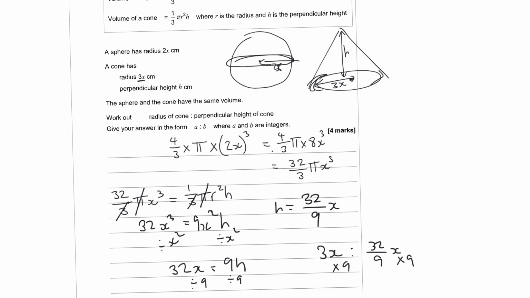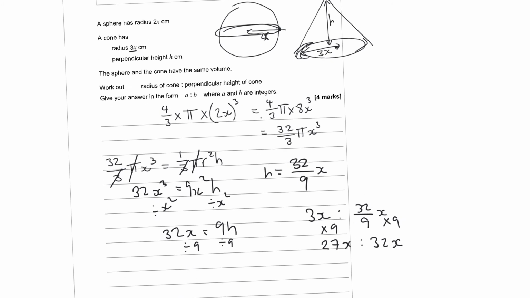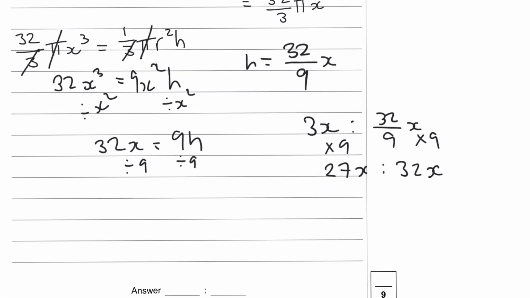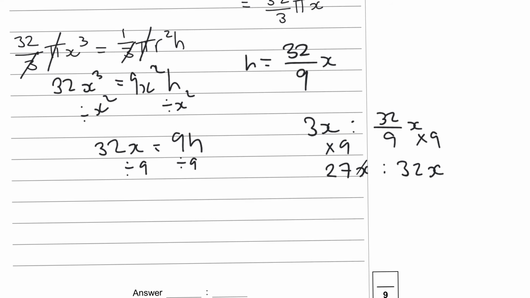And by doing that, you've removed the fraction. So then that would be 27x to 32x. And then the last bit is you've got nice whole numbers, no more fractions. So then the final step really is to get rid of your x's, because they both have x on both sides. And that would leave you with a ratio of 27 to 32.